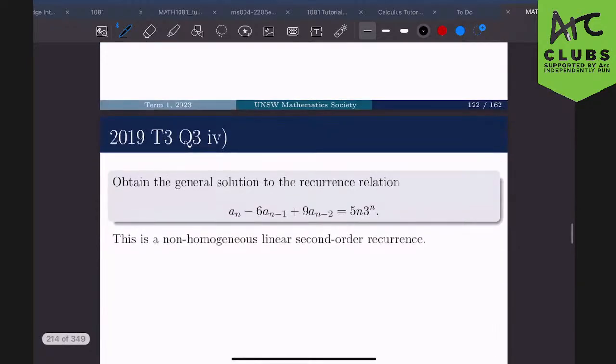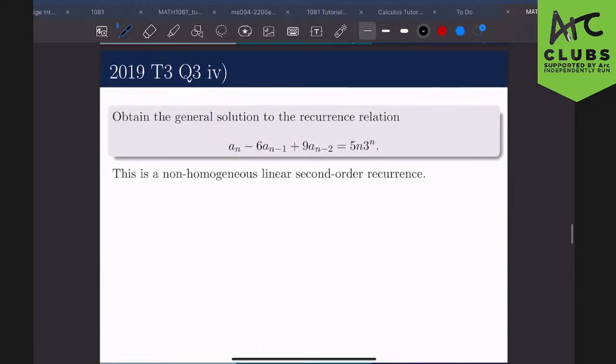So going back to ours, this is non-homogeneous, and it's linear, and second order.